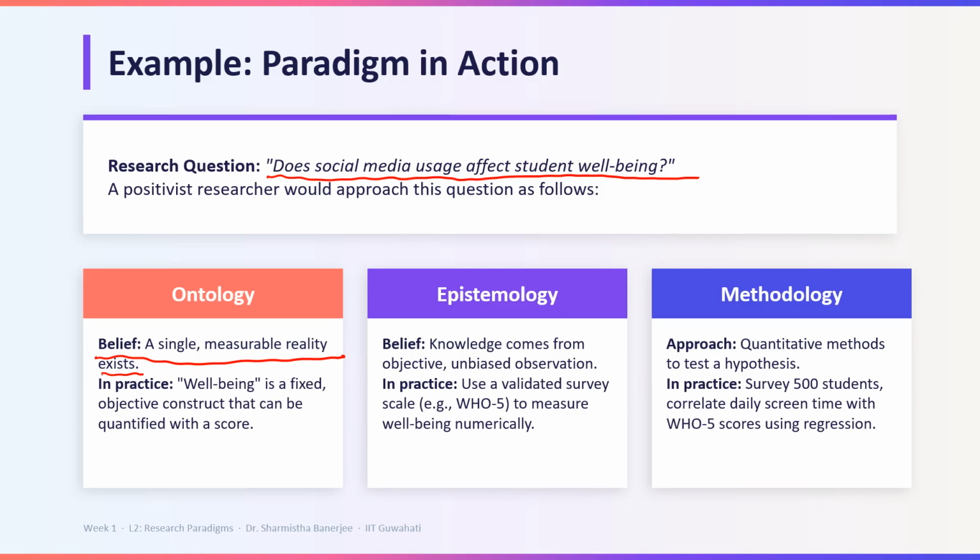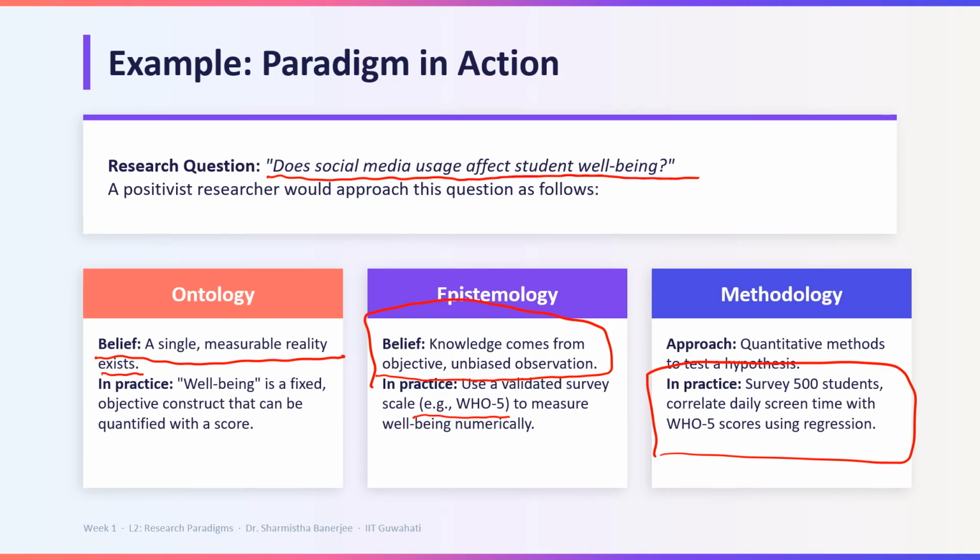In my positivist approach, because the belief is that there is an objective truth about well-being, so it can be measured with a single score, the epistemological belief is that knowledge comes from objective, unbiased observations. In practice, we can use a survey questionnaire. Let's say WHO-5 is a questionnaire designed to measure well-being numerically. I can offer this questionnaire to, say, 500 students as a survey and identify their daily screen time.